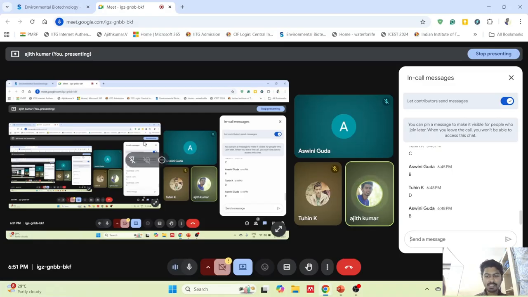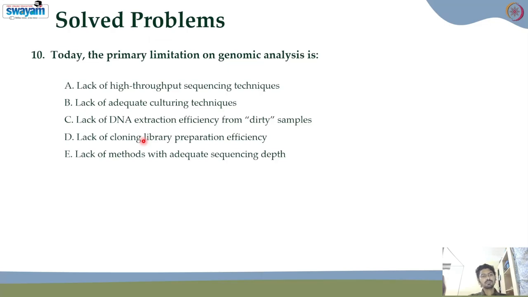You can post your answers. Today, the primary limitation on genomic analysis is lack of high throughput sequencing techniques, or lack of adequate culturing techniques, or lack of DNA extraction efficiency from dirty samples, or lack of cloning library preparation efficiency, or lack of methods with adequate sequencing depth.